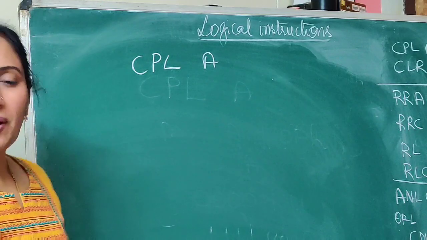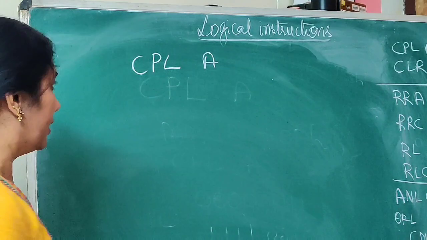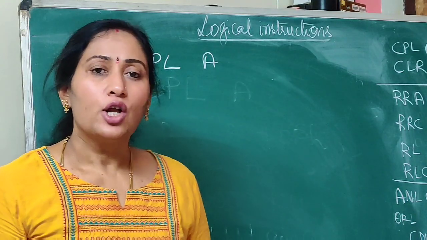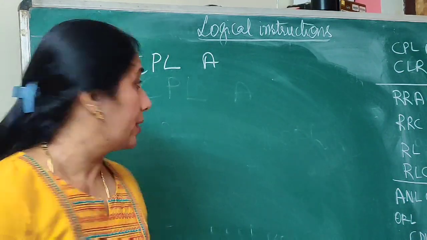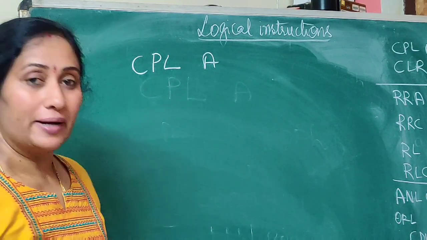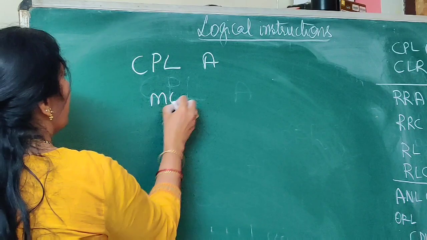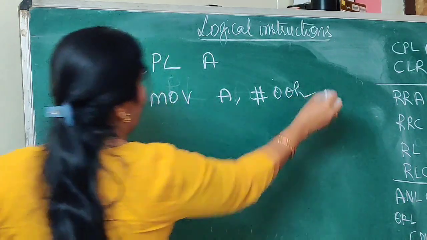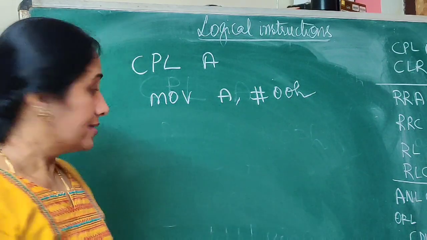CPL A, complement the contents of the accumulator. So complement means what? It is similar to the NOT gate operation. Whatever will be the contents of the accumulator, that will be complemented. If I want to give an example, say I have loaded the accumulator with 00 hex.